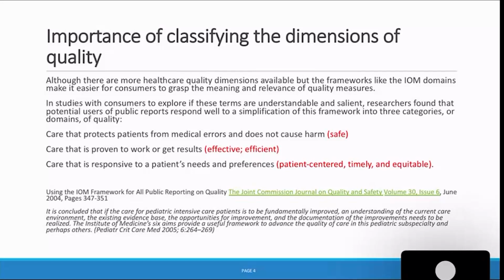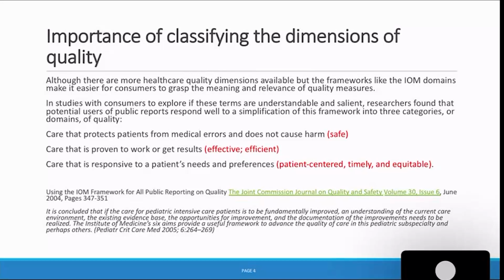Even Joint Commission International has published in their magazines, in their safety volumes, that categorizing quality into these 6 IOM dimensions is much more effective and relevant. The categories can be further classified based on the care provided.